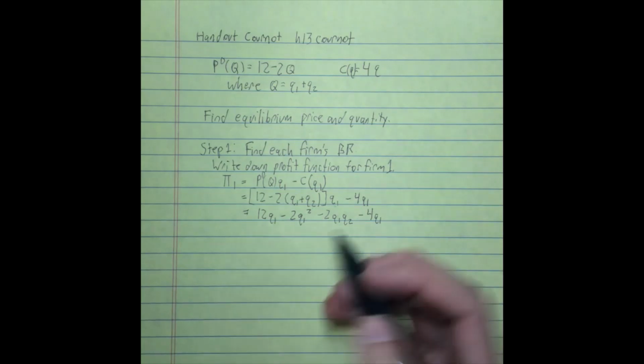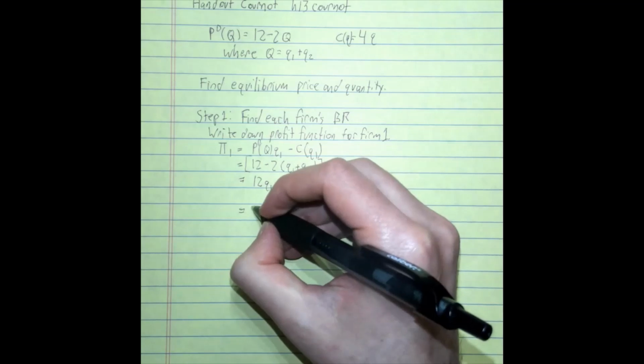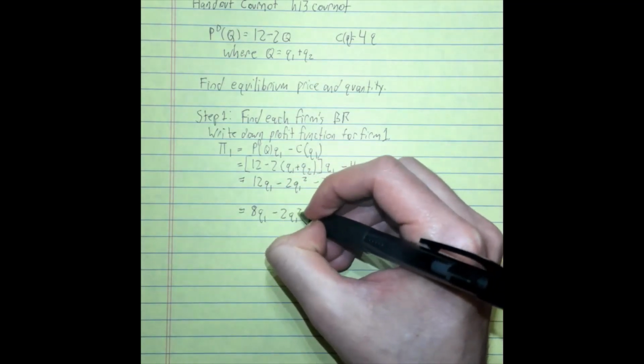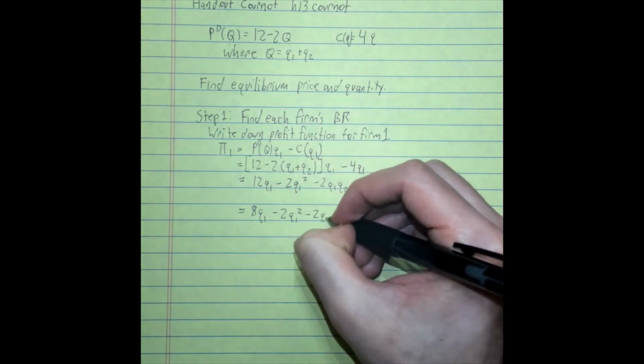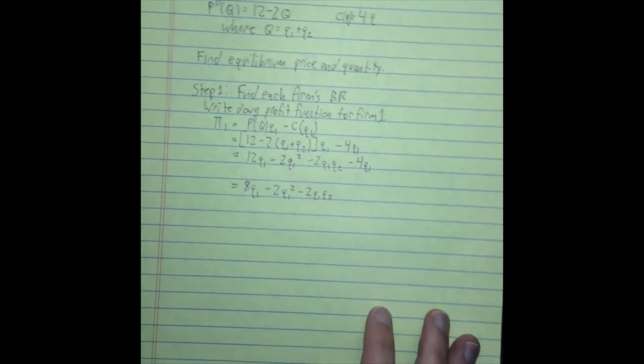Combining the Q1 terms, we get 8Q1 minus 2Q1 squared minus 2Q1 times Q2. Then we have our profit function, and we're going to take a first order condition.